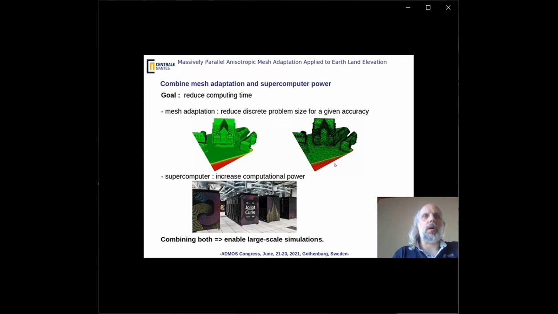And we also want to take advantage of supercomputers that increase the computational power quite a lot, using a large amount of cores. Combining supercomputers and mesh adaptation will enable us to make large-scale simulations.